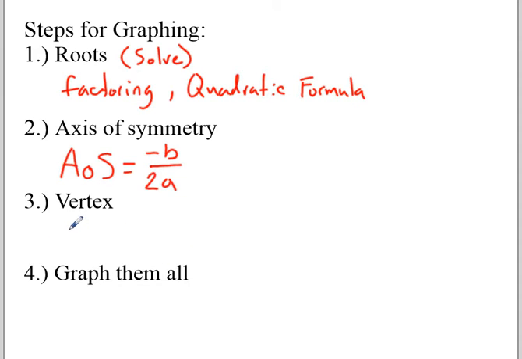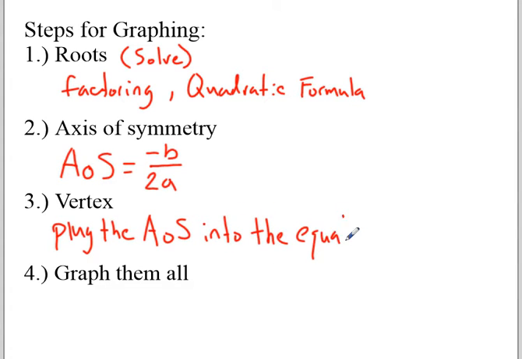The vertex is found by taking that number from the axis of symmetry and plugging it into the actual equation. And once you have them, you can go ahead and graph them all.